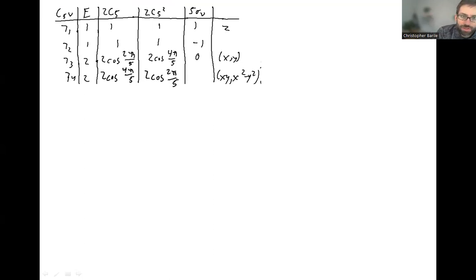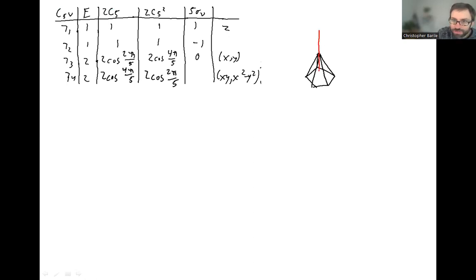These are all going to be orthogonal to each other, all these different vectors. We just have this last component to figure out, and that's going to be sigma v. And so if we go back to what we've talked about in previous videos on this derivation, we have our pentagonal pyramid.